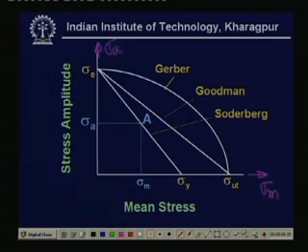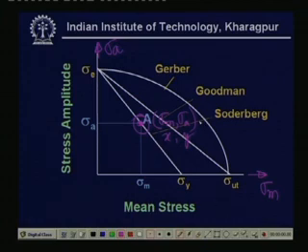So, any point A over here, suppose we consider this line, has coordinates sigma m comma sigma A, that is x and y coordinates.